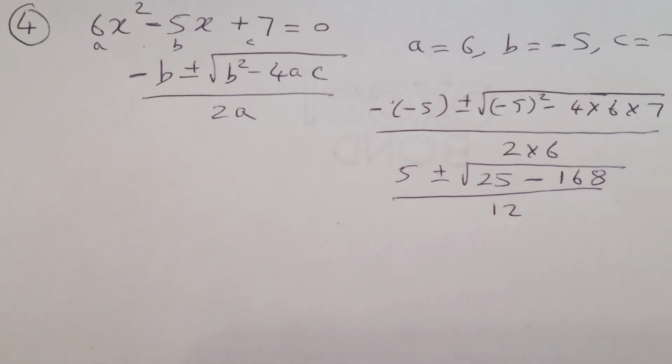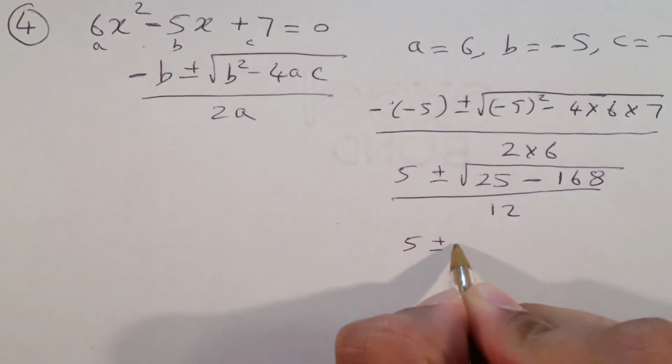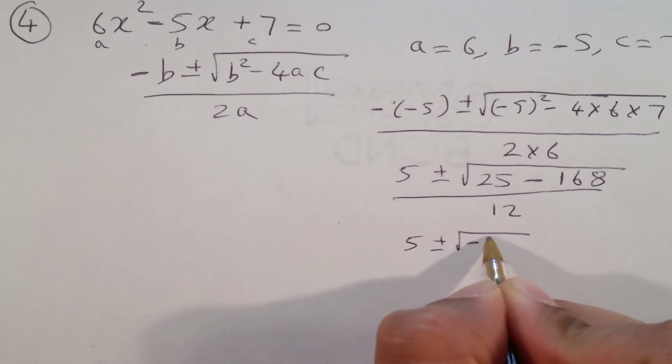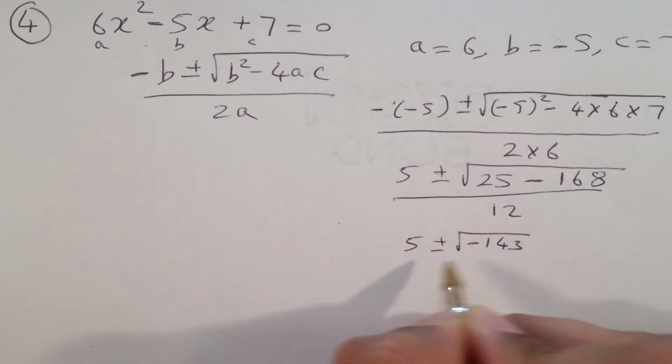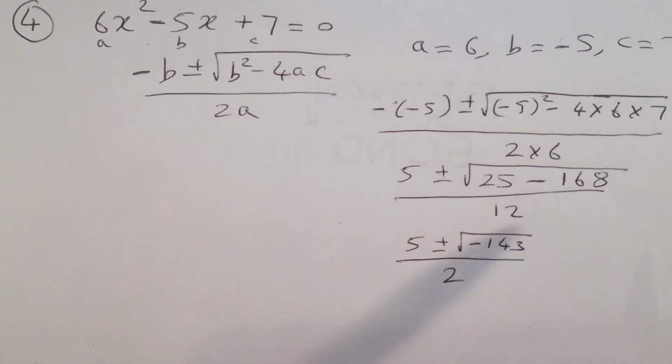You will get a negative value. So when you subtract them, you get a negative root, which is root of minus 143, whole over 12. It's not possible. It's an error. So you won't get an answer for that. So it proves that there are no solutions.